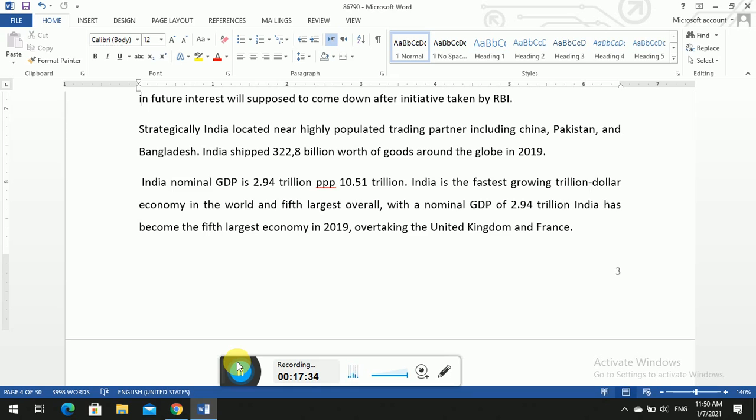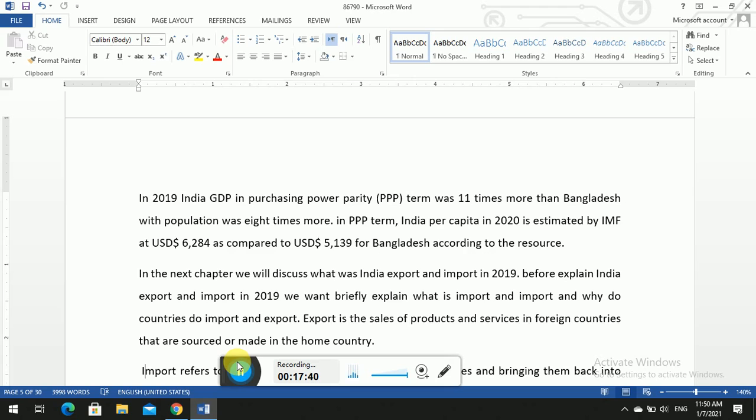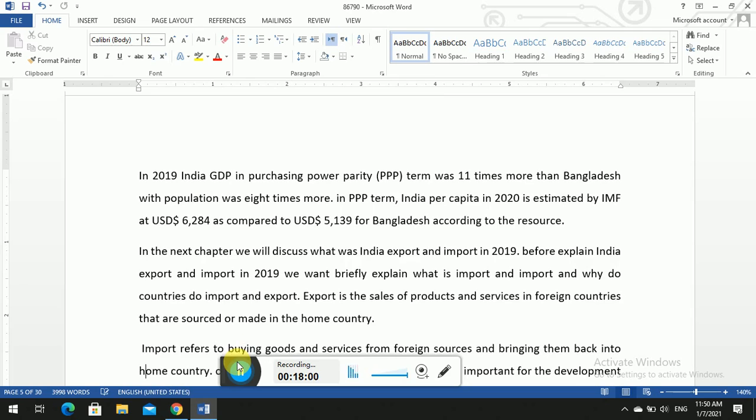So in the next 10-15 years they are trying to be the third largest economy in the world. In 2019, India's GDP in purchasing power parity terms was 11 times more than Bangladesh, with the population 8 times more. In PPP terms, India's per capita income in 2020 is estimated by the IMF at USD 6284 as compared to USD 5139 for Bangladesh, according to the resource.